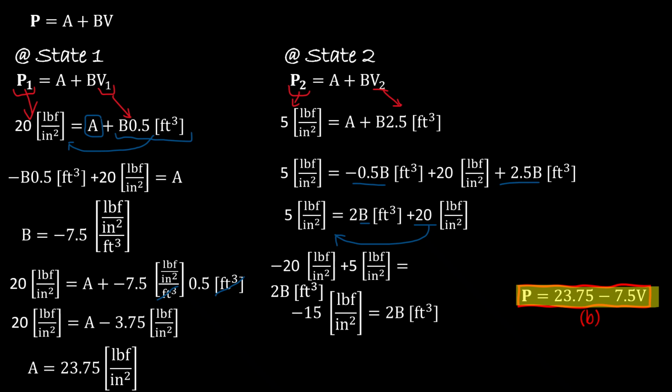So now we can use this pressure to solve for work. Again, work from state 1 to state 2 is pressure times change in volume. Now, what is pressure? From the problem, we are told that pressure is equal to this, and by evaluating the two constants, this is the pressure expression as a function of volume.